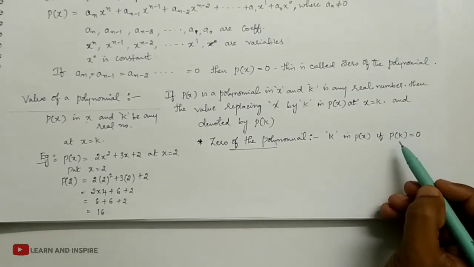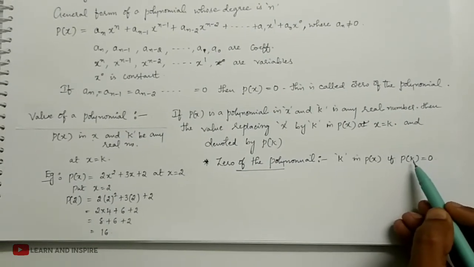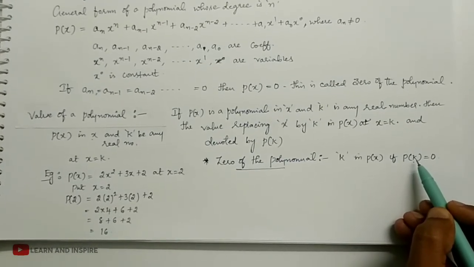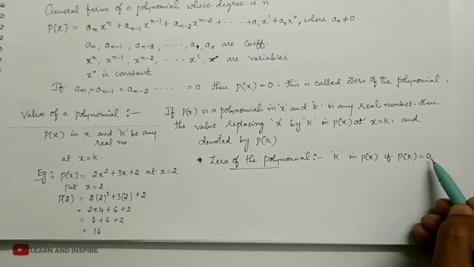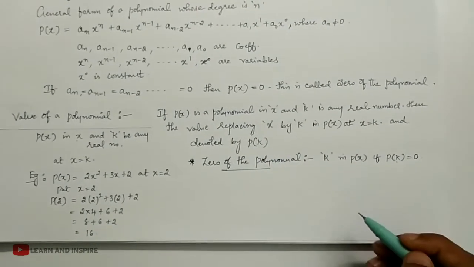So in the polynomial, suppose I substitute any value in place of x, where this k is any real number, and if the value of the given polynomial is equal to 0, then we say that it is a 0 of the polynomial.